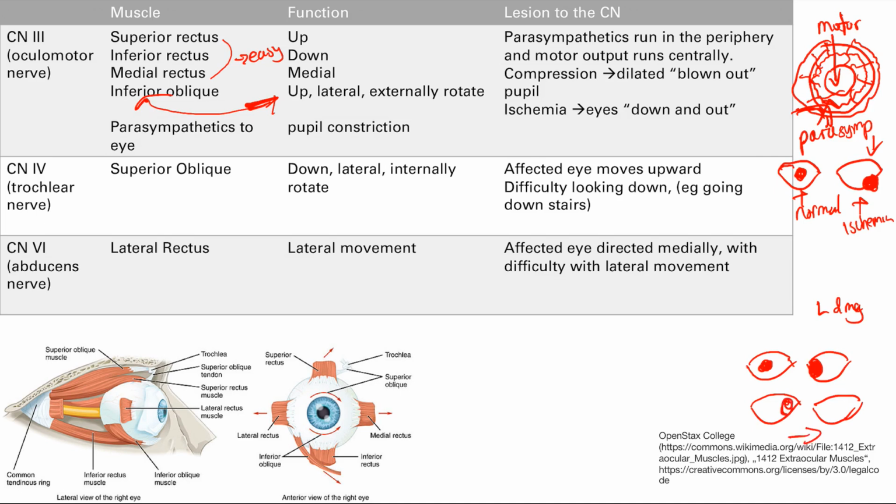This would be a lateral movement of the eye, but his lateral rectus is knocked out. So the left eye stays here, it can't move. It should be here, but it's not. It's over here, and that's an abducens nerve palsy, or basically damaged cranial nerve 6. All right, that's it for our cranial nerves for the eye.